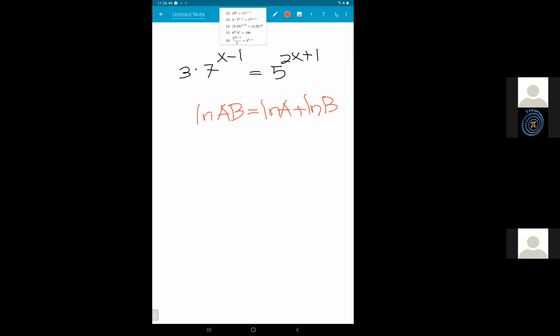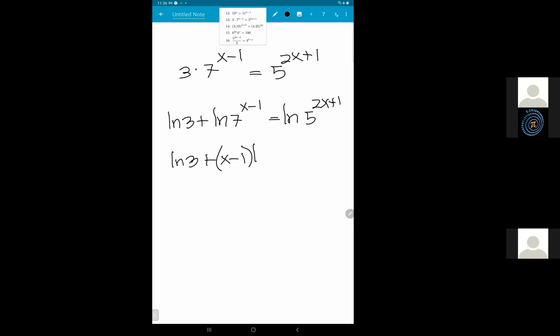Okay, let us show. So if you take the logarithm of one side, you split the two factors there. And then you bring down the exponents. And then distribute.